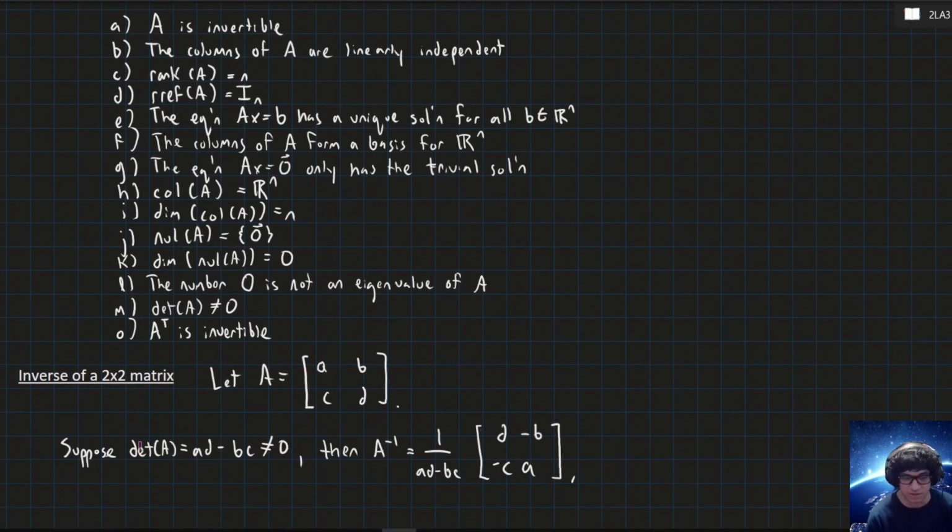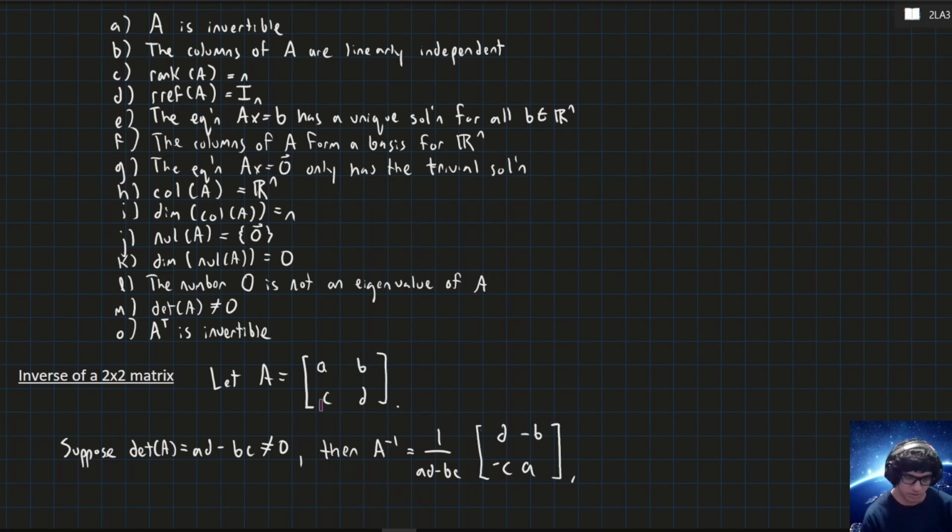I'm just telling you that this is the formula for the determinant of a 2 by 2. So suppose it's non-zero, that will mean A inverse does exist.